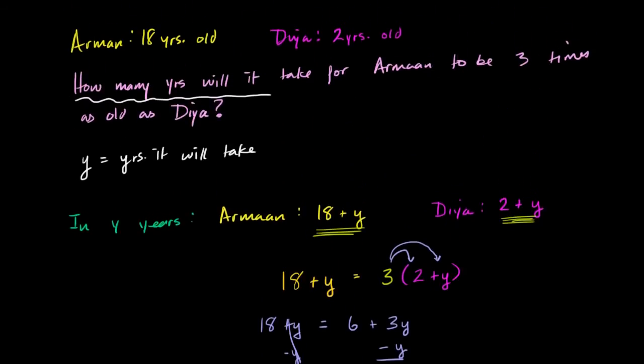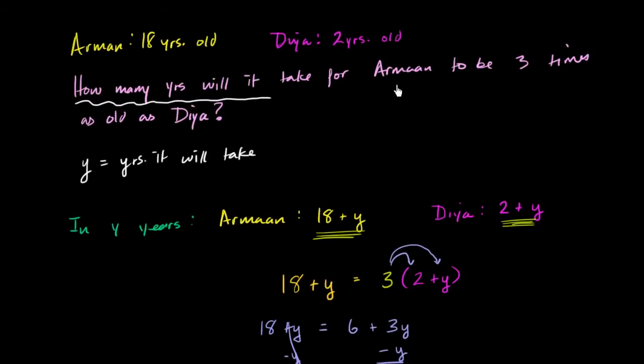So, going back to the question, how many years will it take for Armand to be 3 times as old as Dia? Well, it's going to take 6 years. Now, I want you to verify this. Is this actually true? Well, in 6 years, how old is Armand going to be? He's going to be 18 plus 6, which is 24 years old.